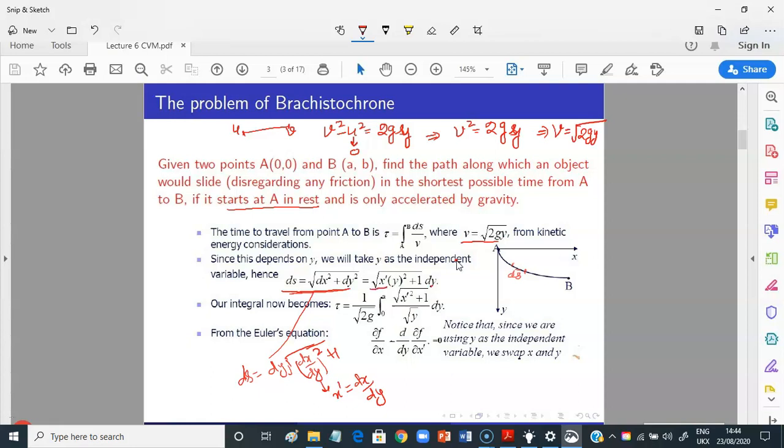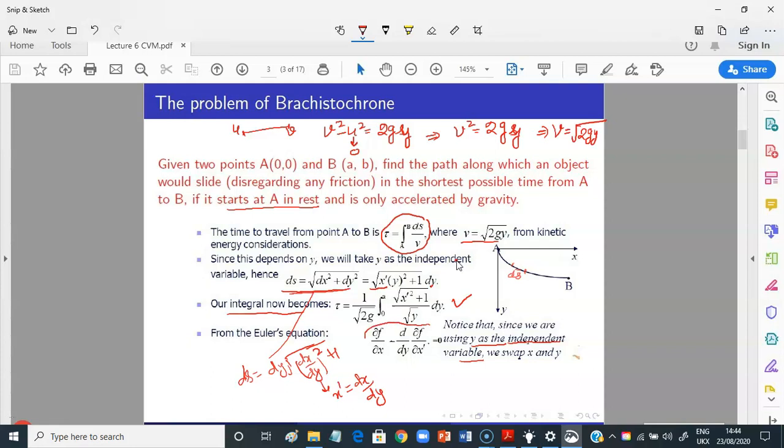So finally our integral takes this form, tau equal to 1 upon under root 2g, when you are putting the value of this v and the value of this ds. Now in this case you can see that y is the independent variable and x is the dependent variable.